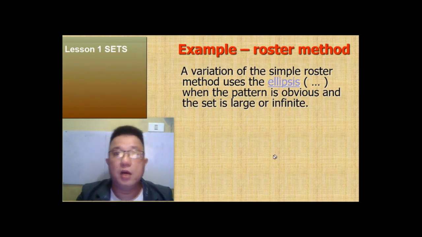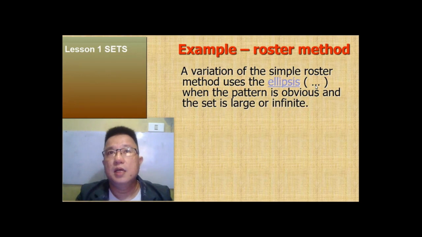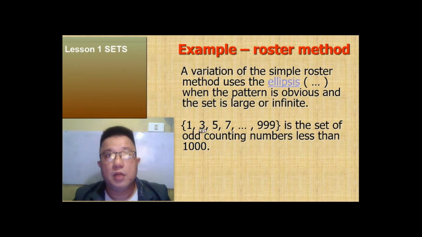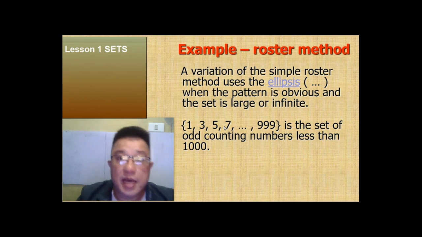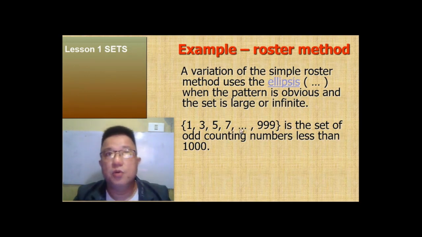If there are many elements, we use the ellipsis. This is the three dots. In English sentences, it is read as "etc.," meaning there's more. In math, when there are many elements, here the set of odd counting numbers less than 1,000: 1, 3, 5, 7, after 7 is 9, 11, and so on.